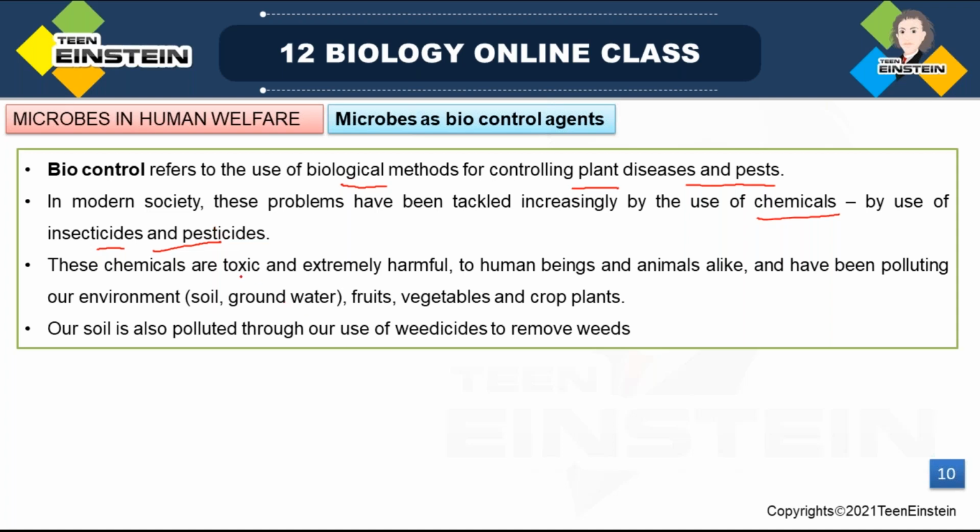But we know that all these pesticides and insecticides are very dangerous and extremely harmful, not only to human beings but to animals, plants, everything, because they are chemicals. They create harmful effects in animals and human beings, and they are polluting the environment, creating water pollution, soil pollution and more.